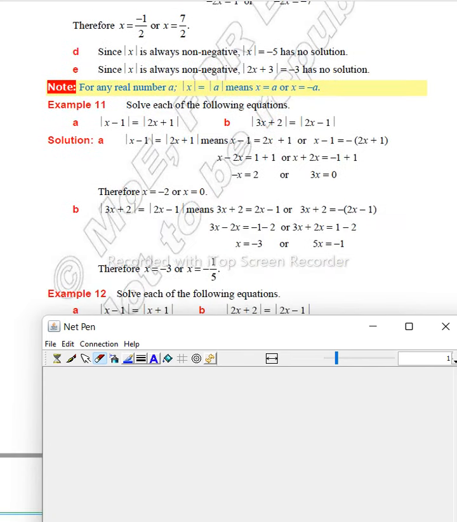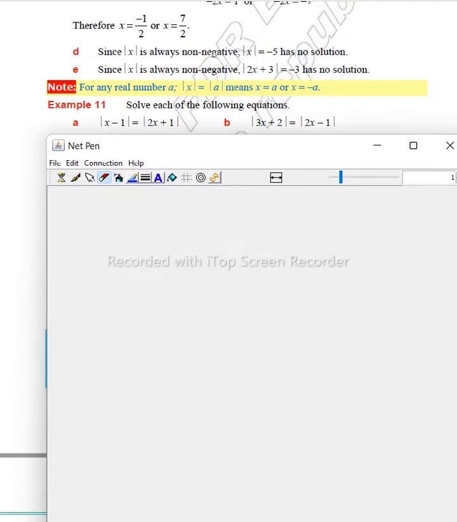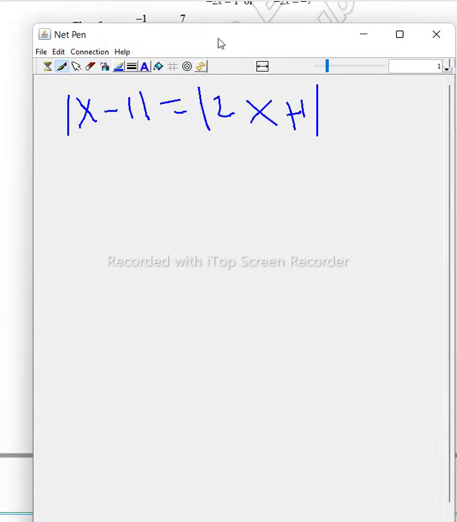And let us solve another example. Here, as we see, we have absolute value of x minus 1 is equal to absolute value of 2x plus 1. Here we have absolute value under absolute value.